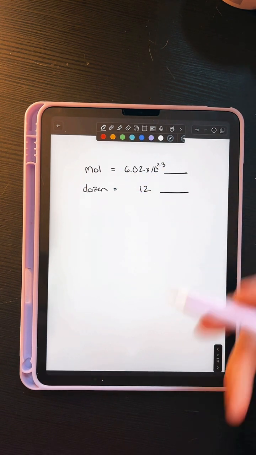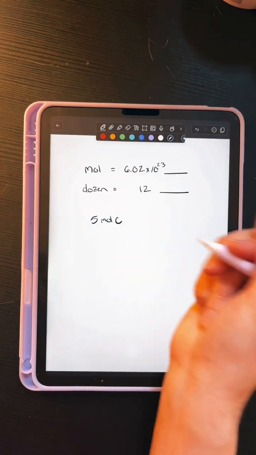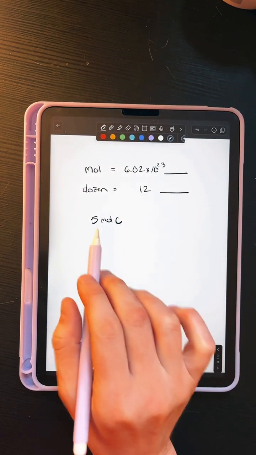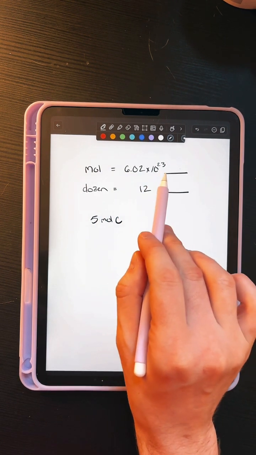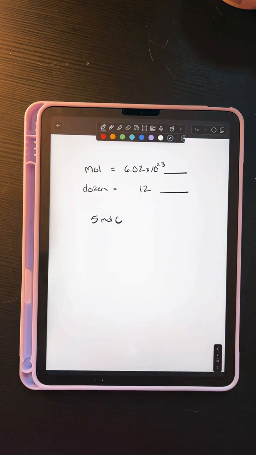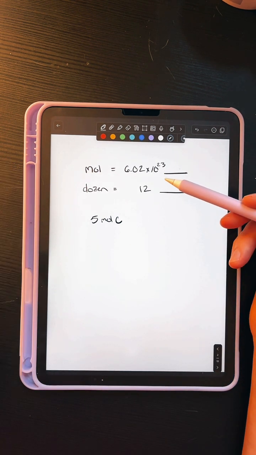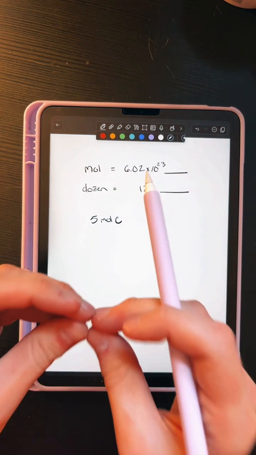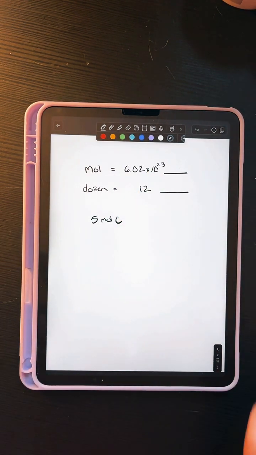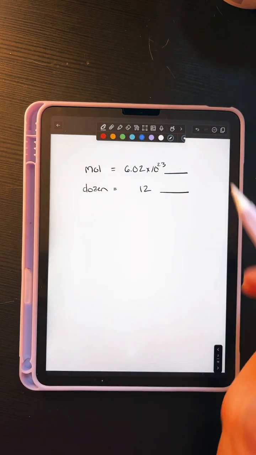So when we say we have 5 moles of carbon, what we're really saying is we have 5 times 6.02 times 10 to the 23rd carbon. Very, very large number, but we're working with things on the atomic level. We're working with very, very tiny things. Avogadro's number, yes. Avogadro's number we'll talk about in just a moment.